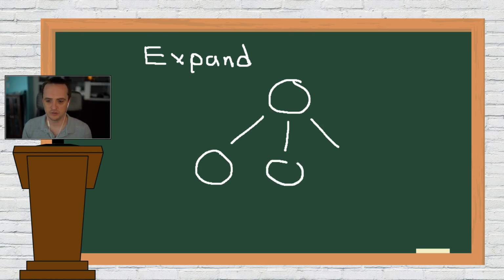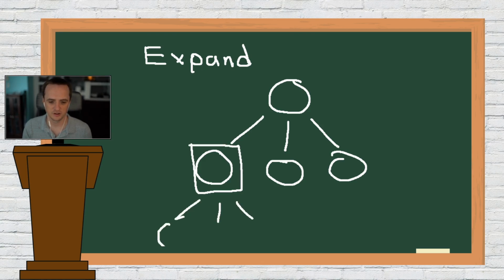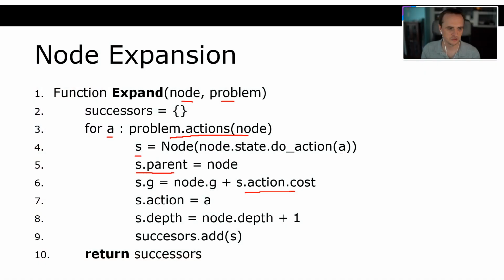So that's all we do, okay? Then if we were to expand this node, we generate all of its children, and we add that. And we keep the bookkeeping data structure. So for example, whatever the cost was to reach this node, then we add that to the cost of the action to reach this node. And that'll be much more obvious once I do the example later. So let's go back to PowerPoint.